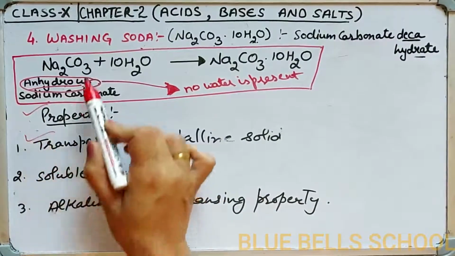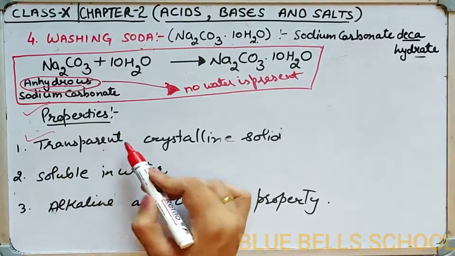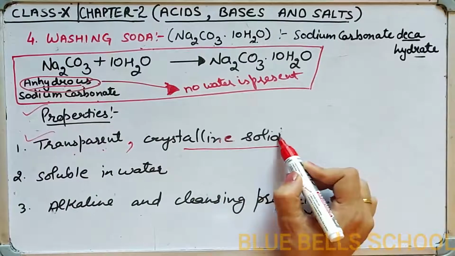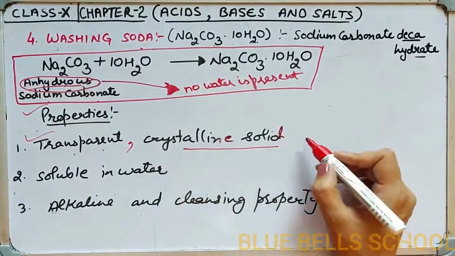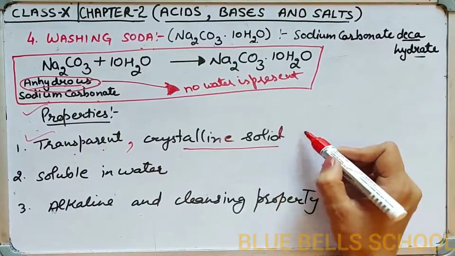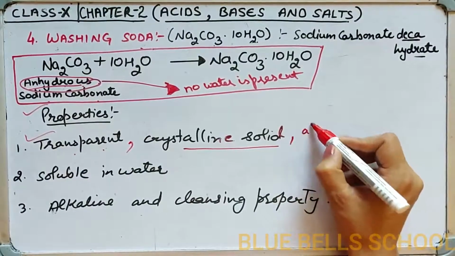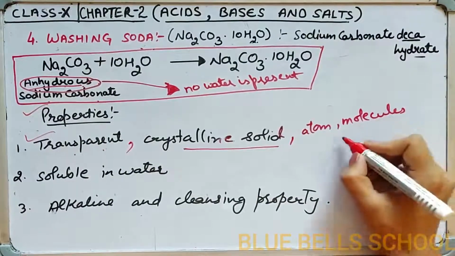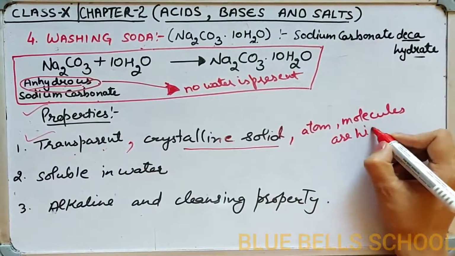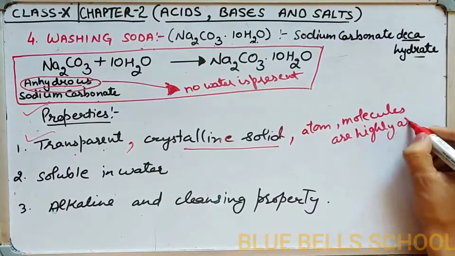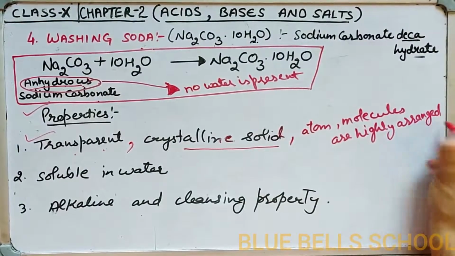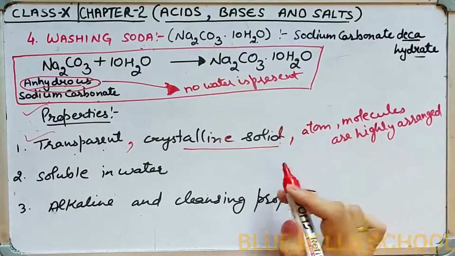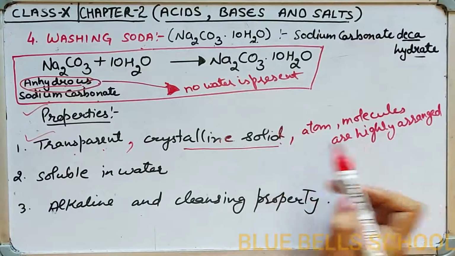First property, washing soda is a transparent and crystalline solid. Crystalline means which is present in crystal form, in which atoms and molecules are highly arranged to give a definite shape to an object.